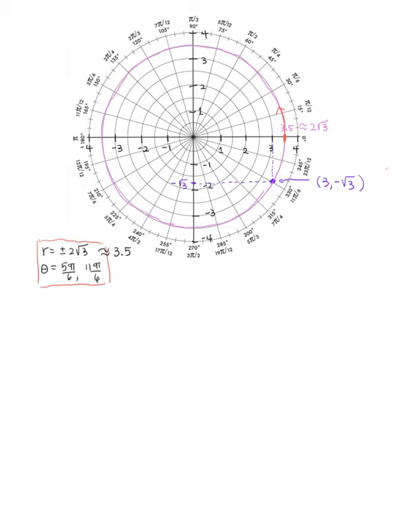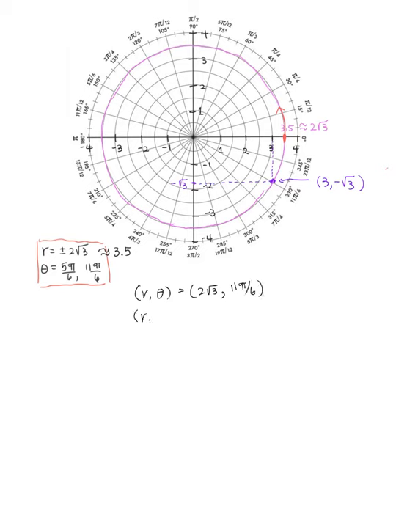So if I start from the positive of the radius, I need to revolve 11 pi over 6, which is exactly 330 degrees. So the combination as r comma theta, starting from 2 root 3, moving counterclockwise, is to revolve 11 pi over 6 to get to our point.